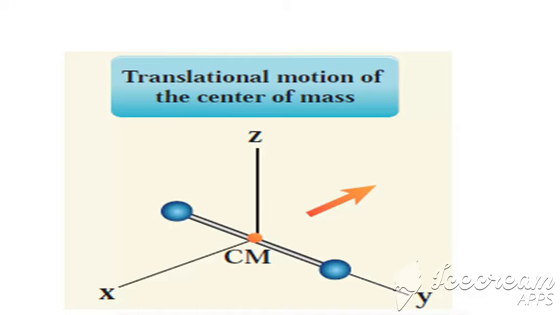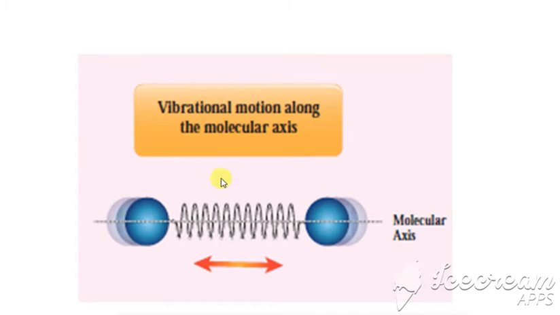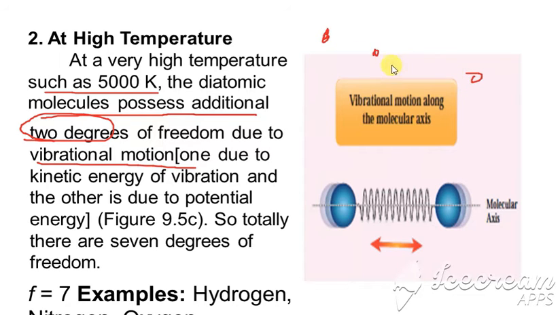Next we are going to see high temperature. This is a rotational motion, and this gives your vibrational motion. This is at high temperature. At high temperature, such as 5000 Kelvin, the diatomic molecule possesses an additional 2 degrees of freedom due to vibrational motion. Here the center of mass is already moving in 3 translational.